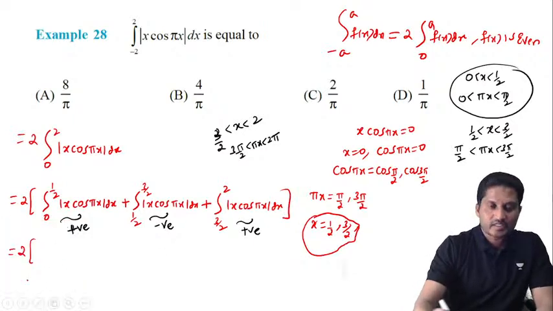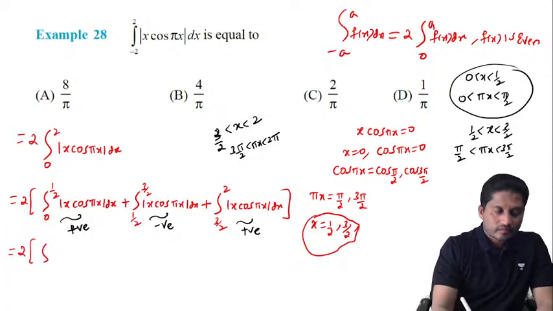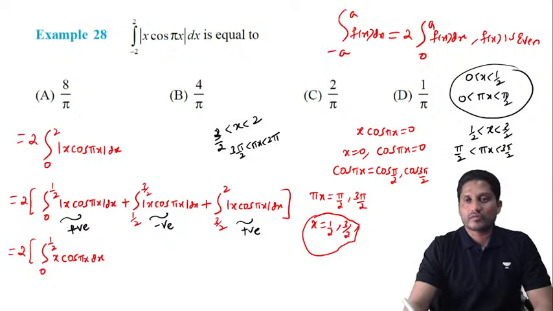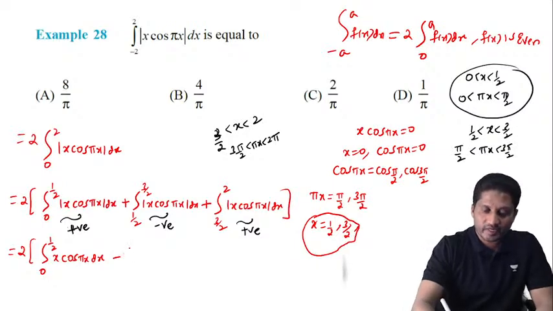Now this should be written as 0 to 1 by 2, this is positive, x cos pi x dx. Okay, and then between 1 by 2 and 3 by 2, that was negative, right? Mod x is minus x, that is 1 by 2 to 3 by 2, minus x into cos pi x dx.